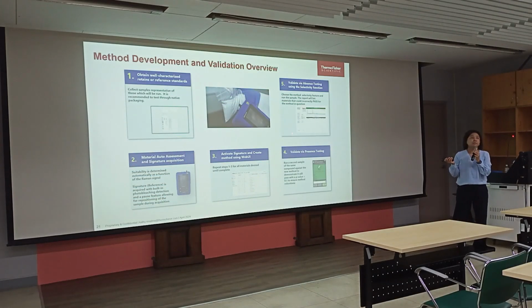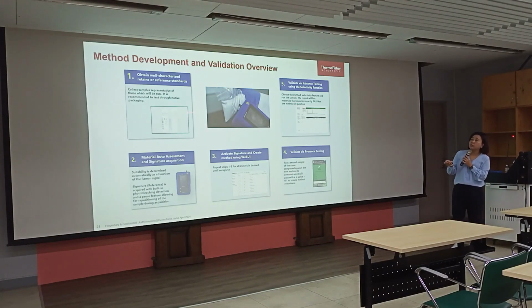Once your method has been developed, now to develop a method is very easy. You already acquired the signature, develop the method. Once the method has been developed, you have to go through the validation process. This validation, actually we have the SOP. Every customer from pharma has their own SOP to validate the method, but I will just go through a simple way.